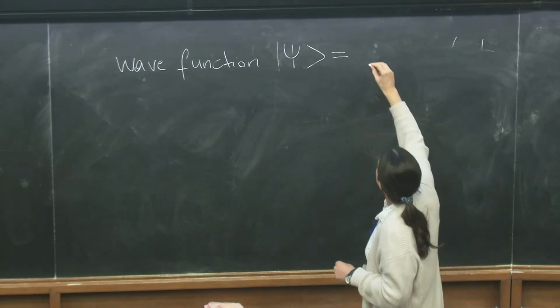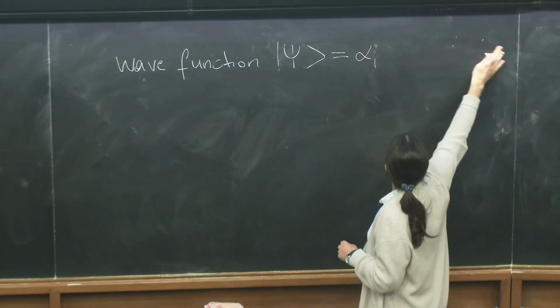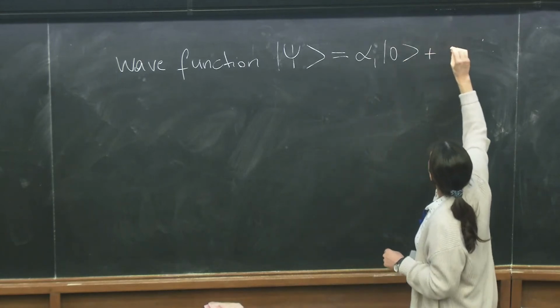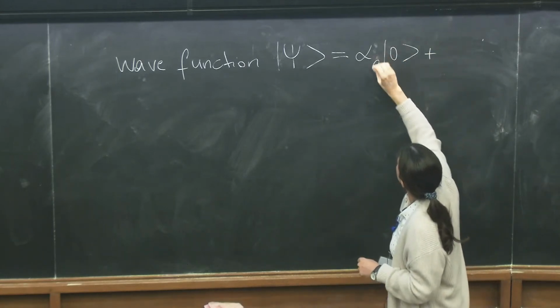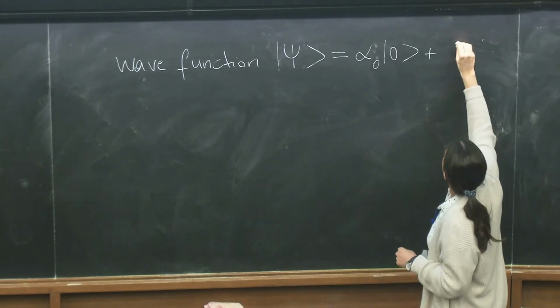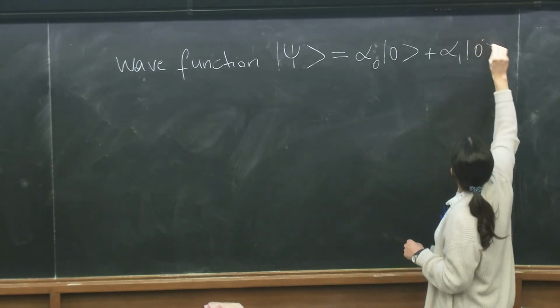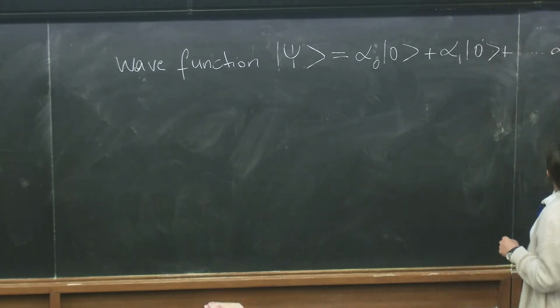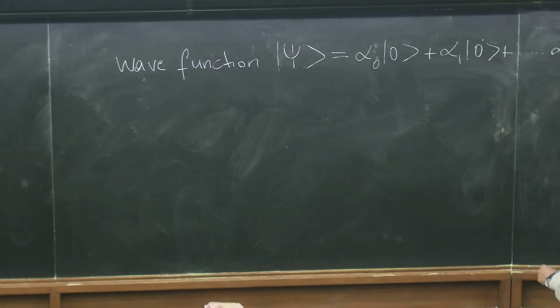Then you have a probability amplitude in front of each state. You might have the 0 state with alpha sub 0, and then alpha sub 1, up to alpha sub k minus 1.